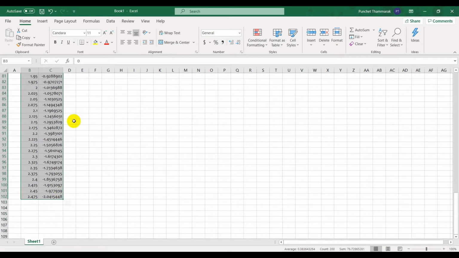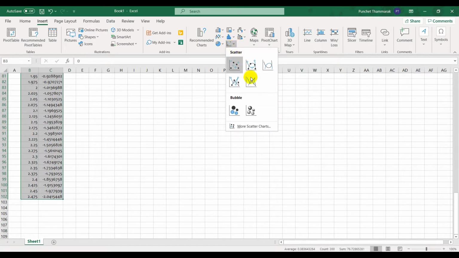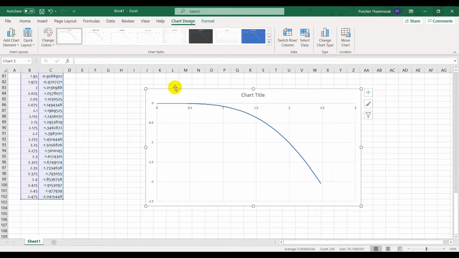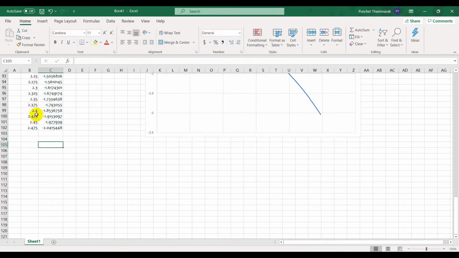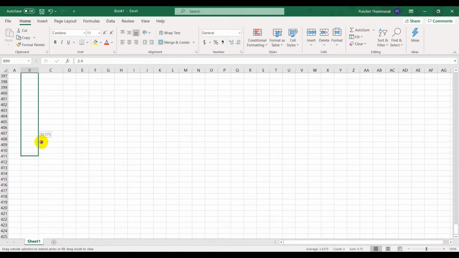Maybe it leads you to scatter. Okay, so you can see the trend right now. It starts from 0, but it keeps going off 0 continuously. So we need to continue. So probably like, okay.